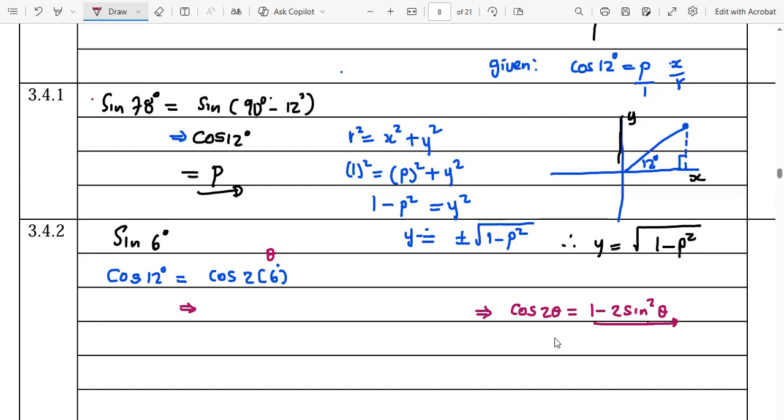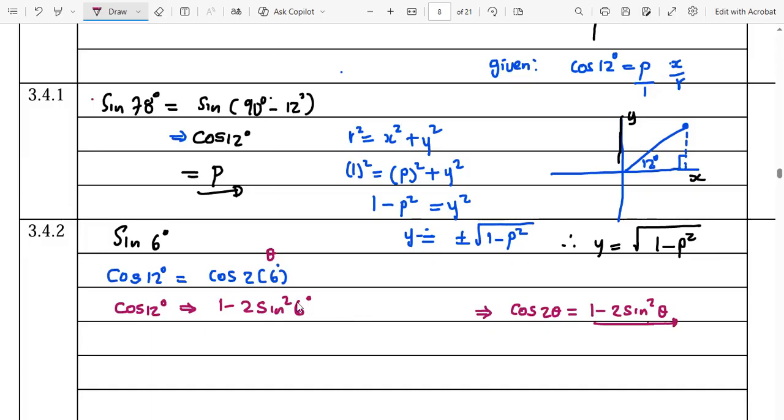I hope you understand. So this tells you that we can write the cos 12 degrees equal to 1 minus 2 sine squared of what? Remember this is like saying cos 2 theta, and our theta is 6. So this will be the sine of 6 degrees. You see now, you just have to solve for sine 6. Then you're good to go.